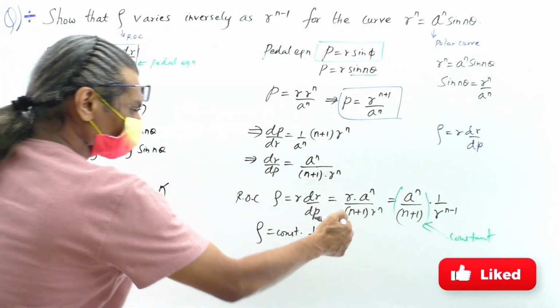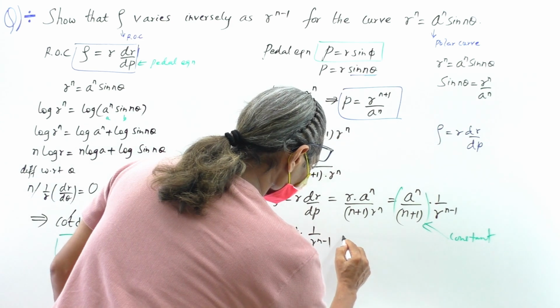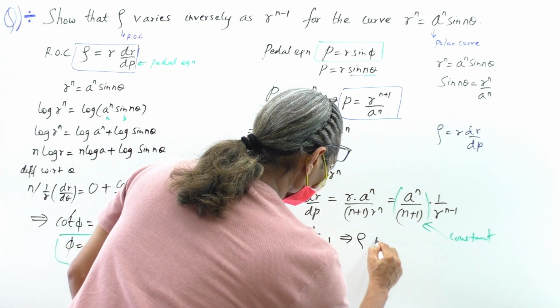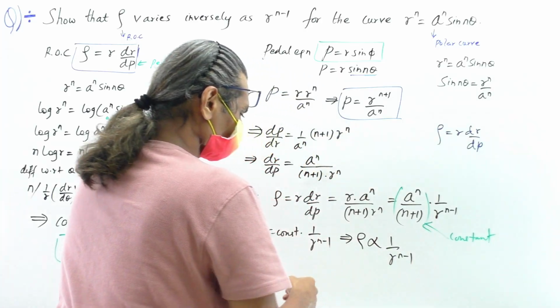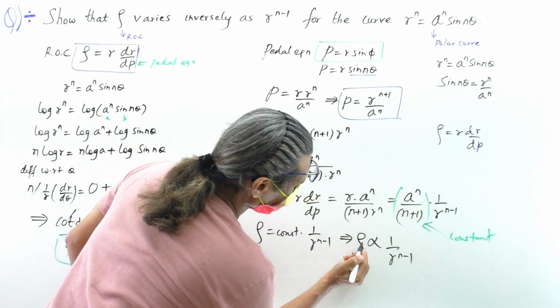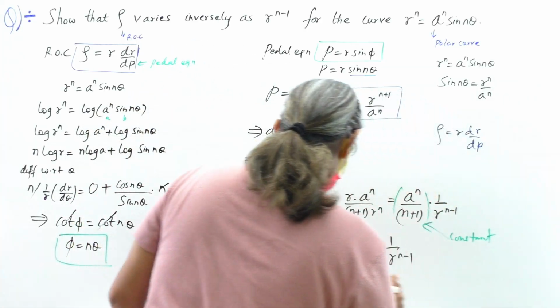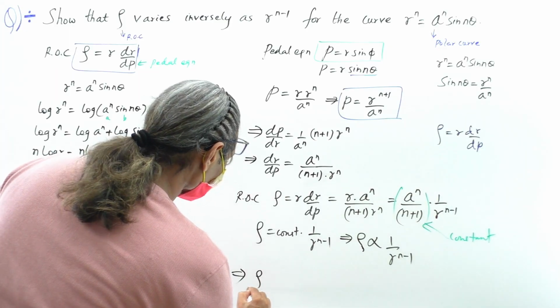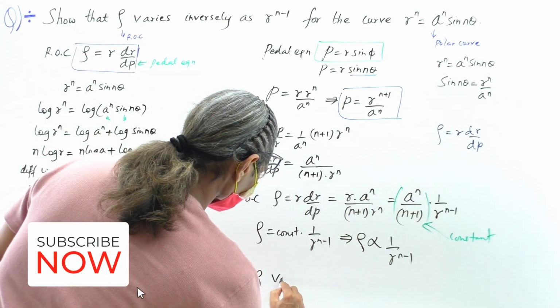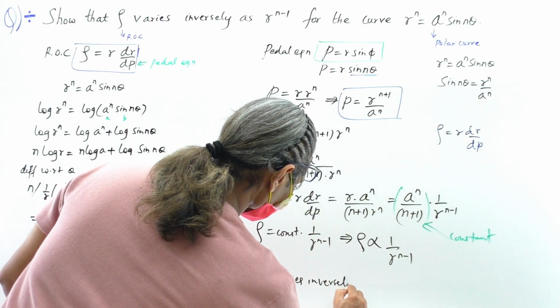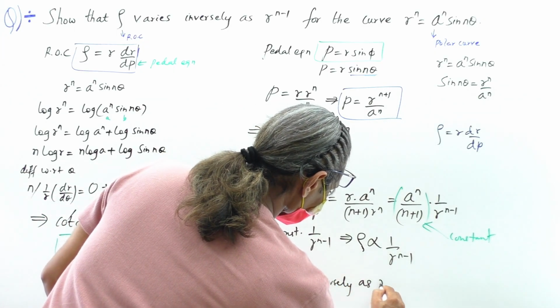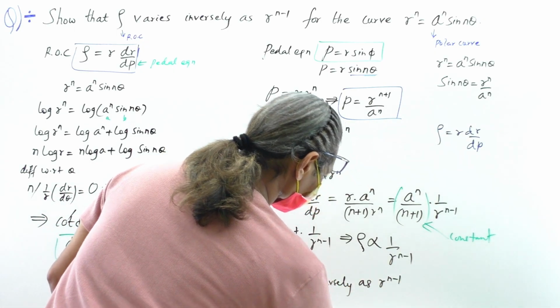So that implies rho varies inversely as r^(n-1). That's the perfect answer. Therefore rho varies inversely as r^(n-1).